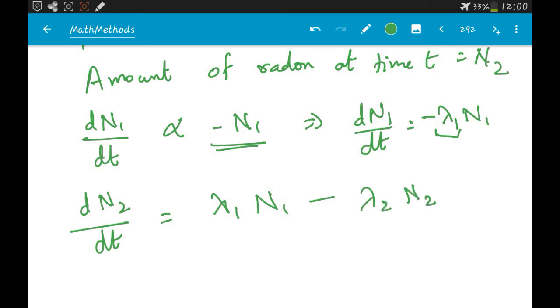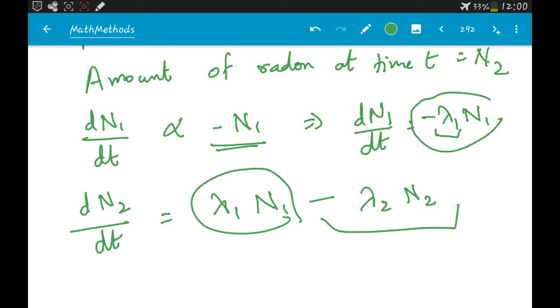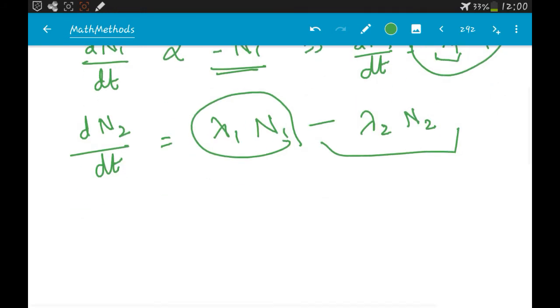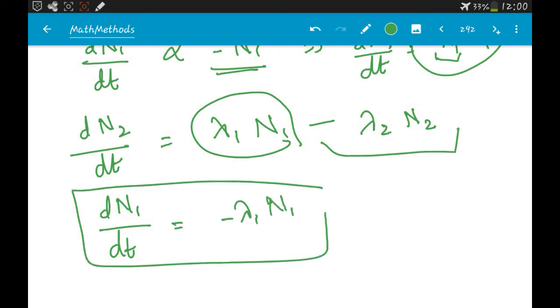Whatever is lost here is gained here, and then the radon also decays to polonium, so there will be a minus lambda 2 N2. Now we have to solve these two equations. Let's first solve dN1 by dt equals minus lambda 1 N1. You can see that this is a separable equation.